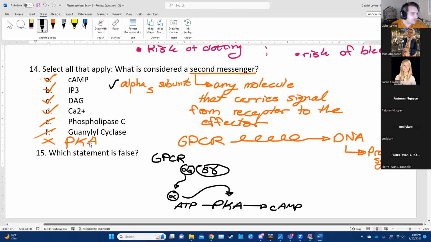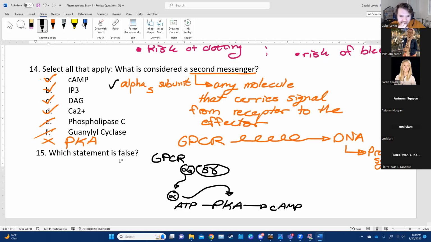Does that make sense? Anyone have questions about that? Yes. Yep, that's fair game. So would Keel ask what alpha S activates? Yes, he would. If I remember correctly, the question he asks about this is like put the steps of the mechanism in the right order.